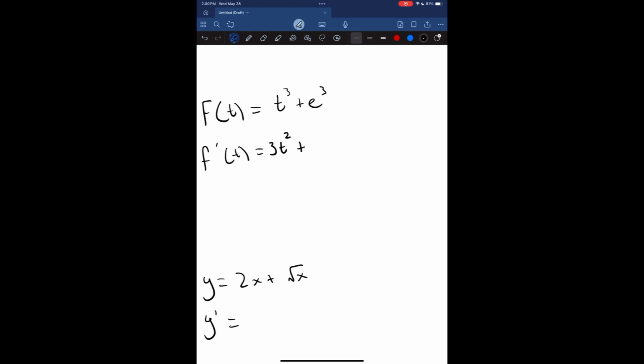Now right here, you might be thinking to yourself, oh, the derivative of e to the x is equal to e to the x, right? Well, in this case, we have an actual number instead of a variable, instead of t. And remember, e to any number is just a constant, so its derivative is just 0. So we're actually going to have 3t squared plus 0 right here, which implies that the function's derivative is equal to 3t squared.